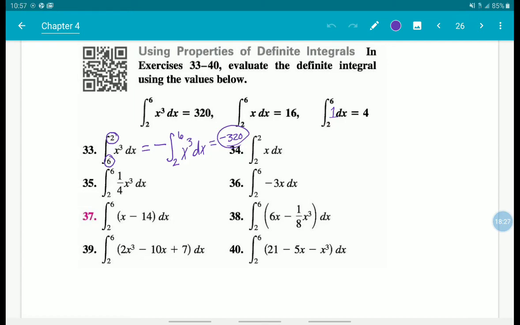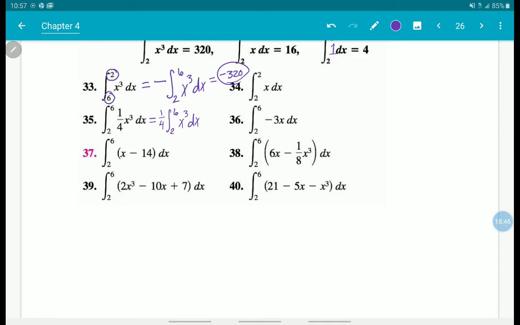If we look at 35, we're integrating from 2 to 6, but we have a 1/4 times x cubed dx. So we could pull that 1/4 out. I'm going to pull this down here. I need more room.